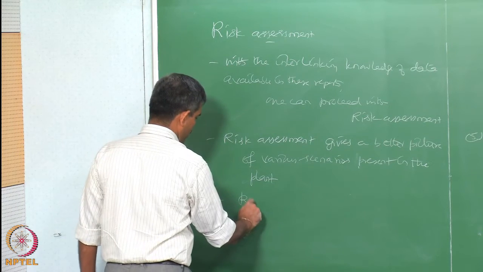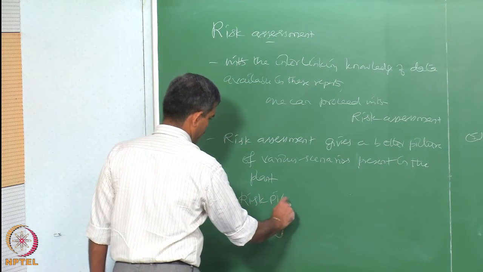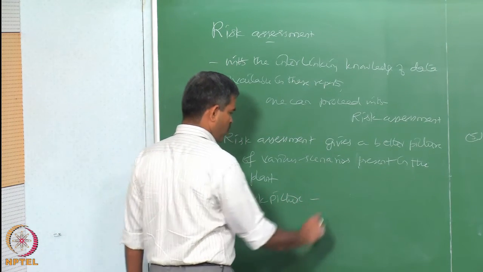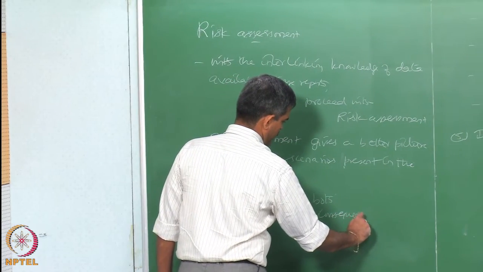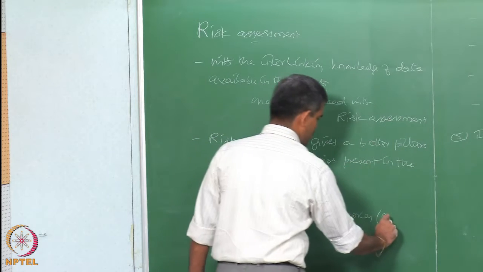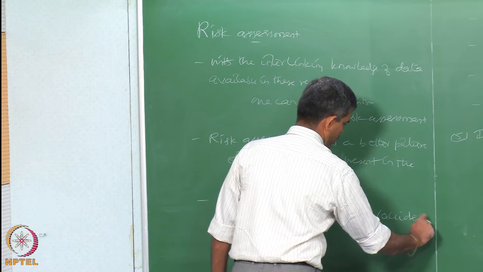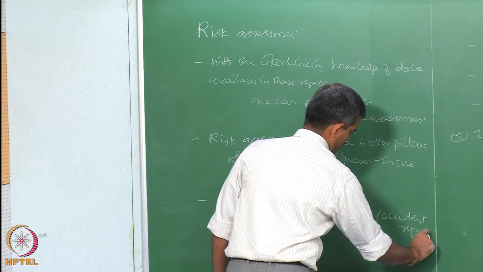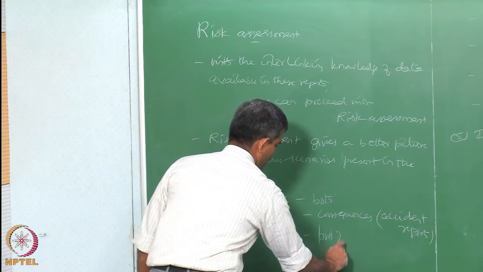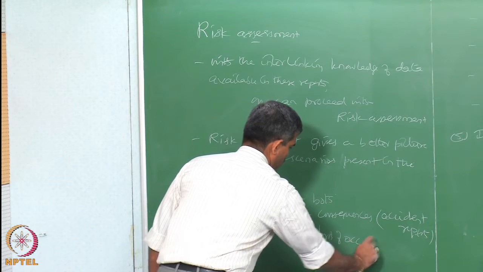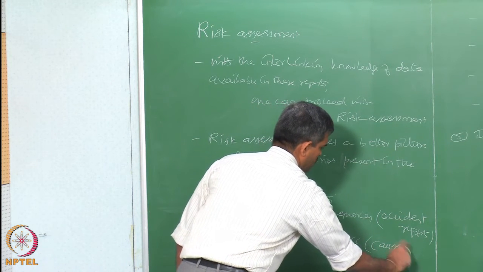So, the risk picture talks about both the consequences, which you see from the accident studies, but also the probability, which can be seen as causes.